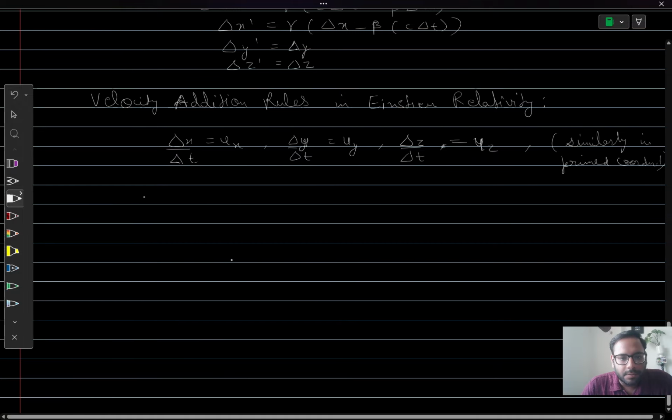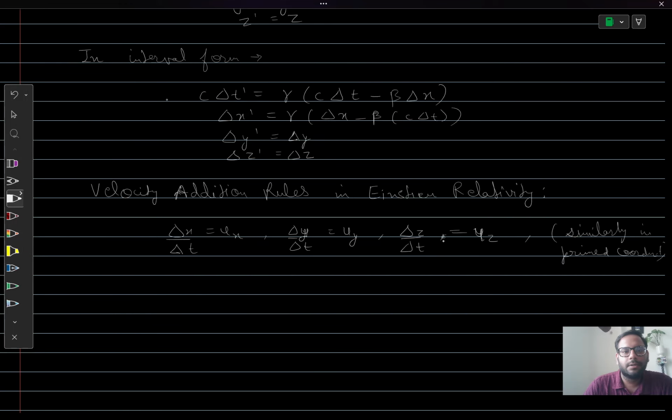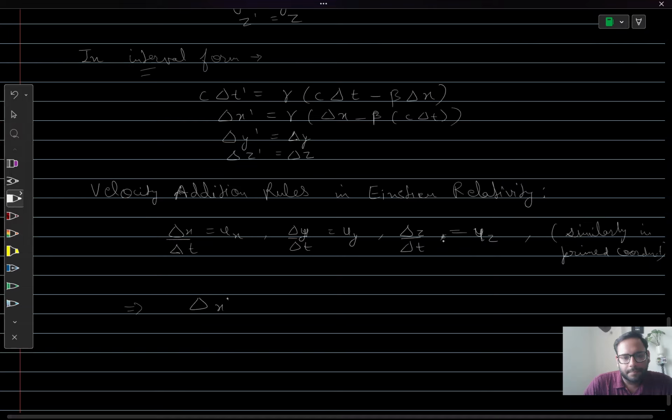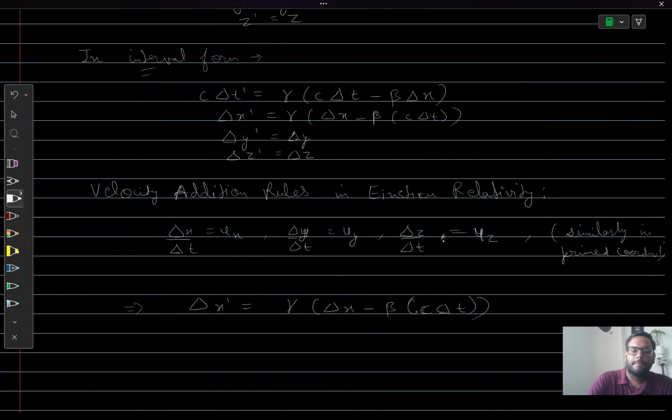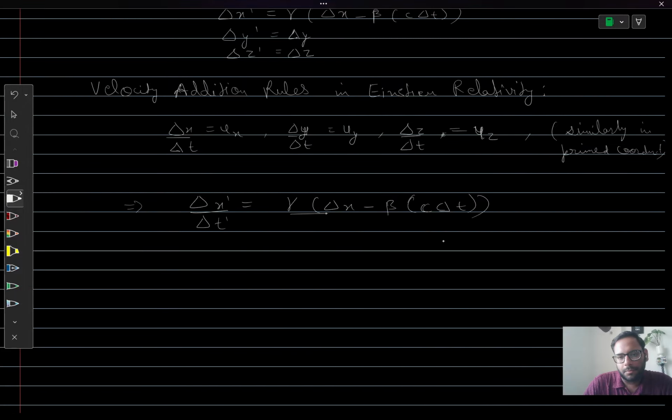Now you go back to your equations in the interval form, and you just divide them. Take this form first, minus beta c delta t. Now divide by delta t prime on both sides.